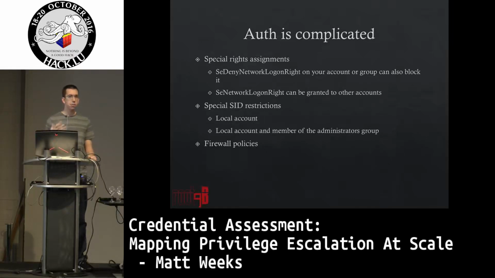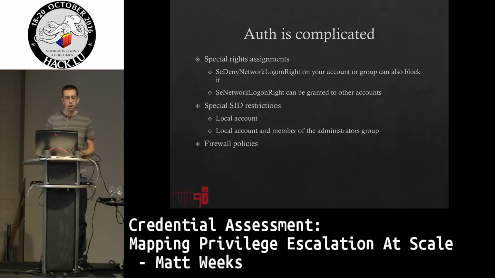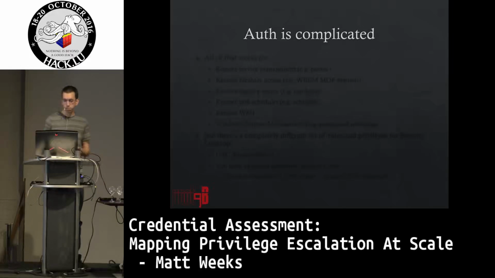So if a particular account, starting in, I believe this was an update available for Windows 7, but starting in Windows 8 by default, you can now apply restrictions to a special SID, which is basically a special virtual account, which encompasses all local accounts, or all local accounts who are members of the administrators group. And you can, for example, specifically deny them access to the network if you want to lock down your systems, which I recommend. And then you have firewall policies, which of course can directly block inbound communication.